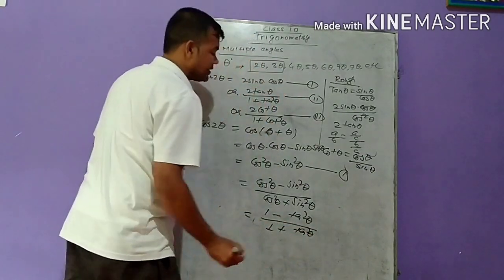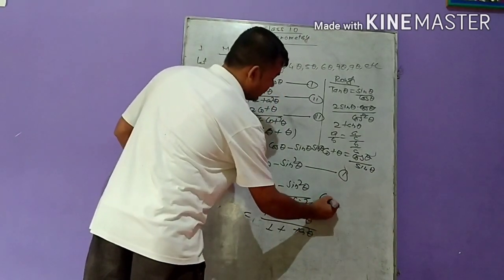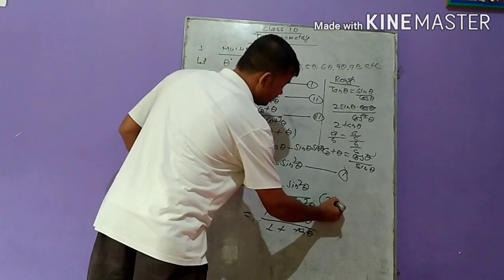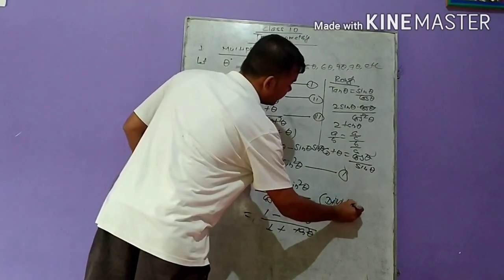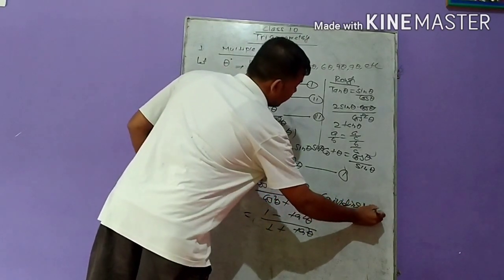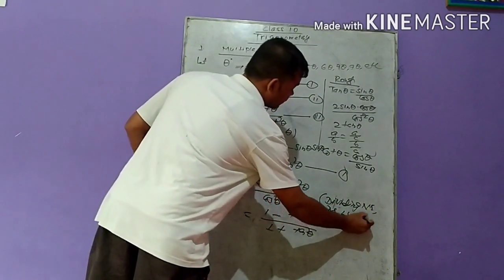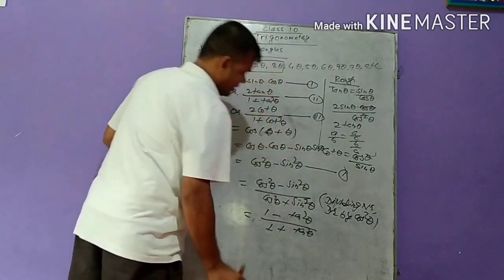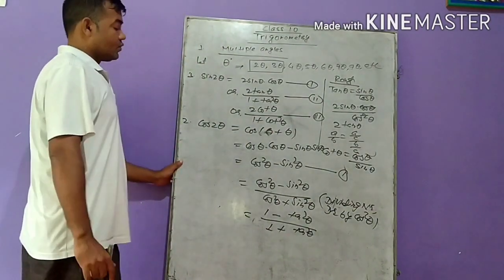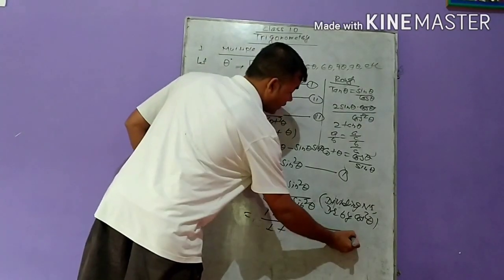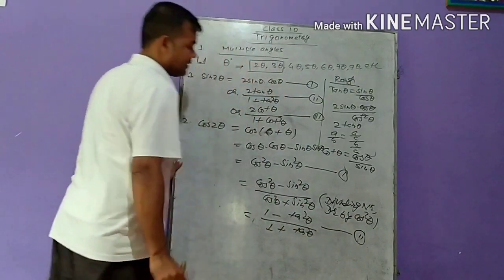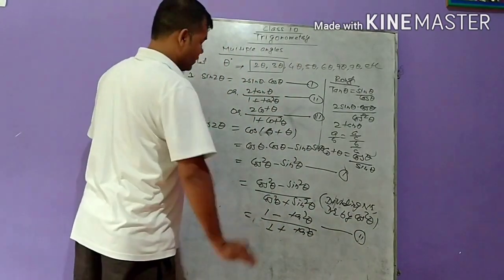We can also mention for information, dividing numerator and denominator by cos square theta. So here we have got two formulas, one in terms of cos and sin and next in terms of tan.